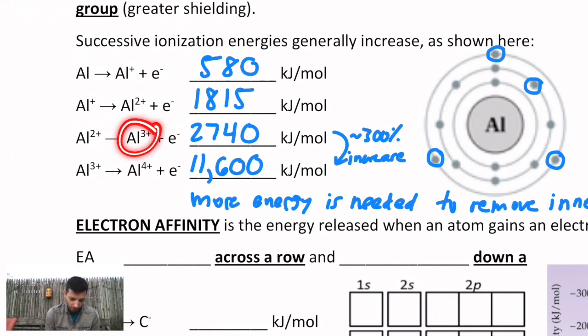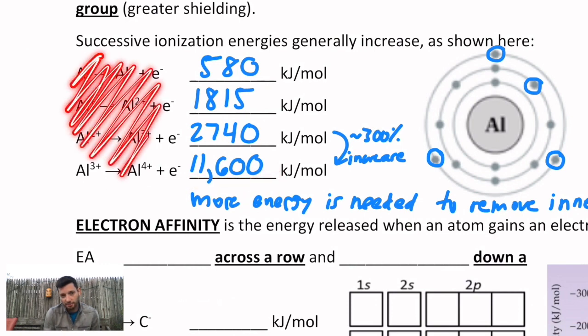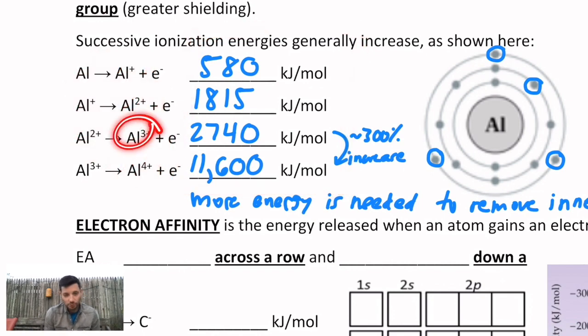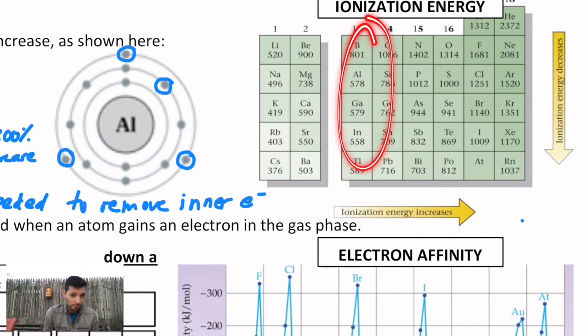You want to make aluminum 4 plus, that is a lot more challenging, requires a lot more energy to do it. So if I didn't know that this was aluminum, I could at least look at these numbers for successive ionization energies and figure out, oh, there must be something uniquely okay with the 3 plus ion that's formed. So this is probably in group 13 as a result. I don't know that it's aluminum for sure, but it could be one of those elements and nowhere else on the table, most likely. And you'll see plenty of practice problems like that.